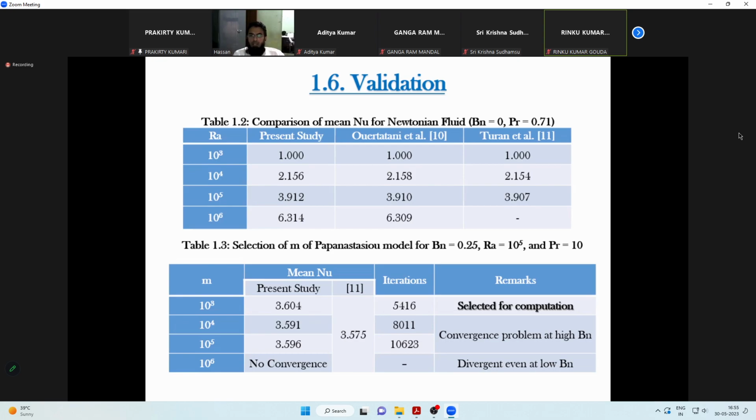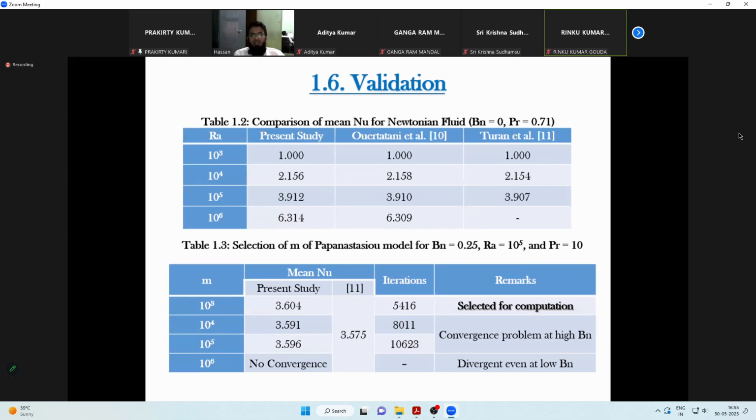Another typical parameter selection pertained to the regularization, fixing the regularization parameter in the Papanastasiou regularization equation.